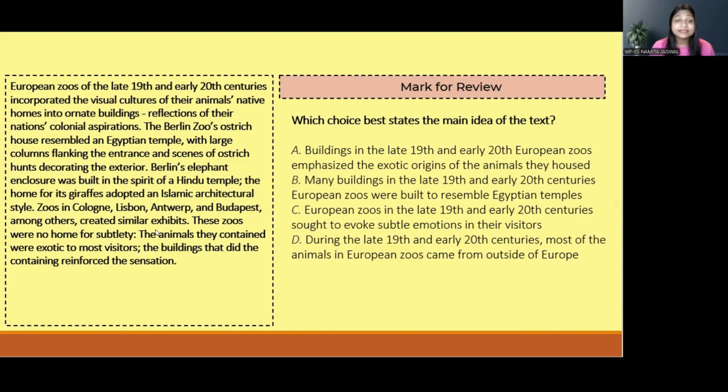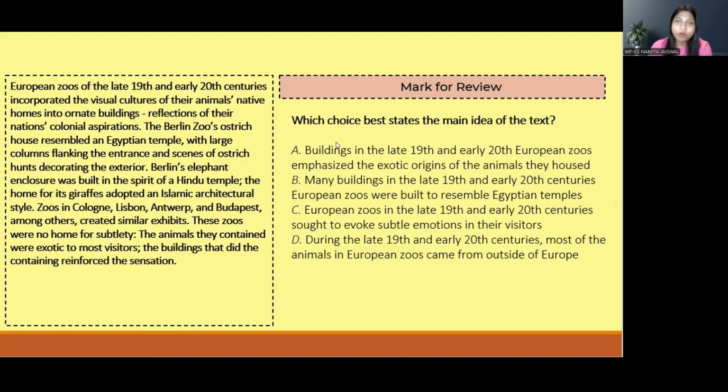The passage discusses how European zoos in the late 19th and the early 20th centuries designed their animal enclosures to reflect the architectural styles of the animals' native lands. This was done to emphasize their exotic nature and reinforce the colonial ideas. Now, the correct answer should capture both the architectural design aspects and the focus on the exoticism, right?